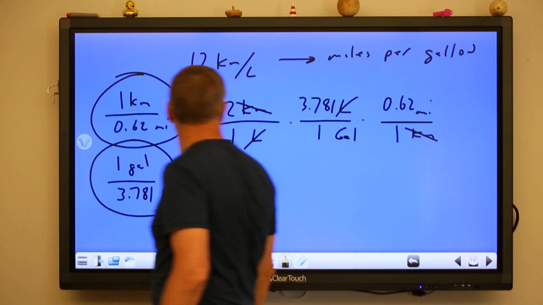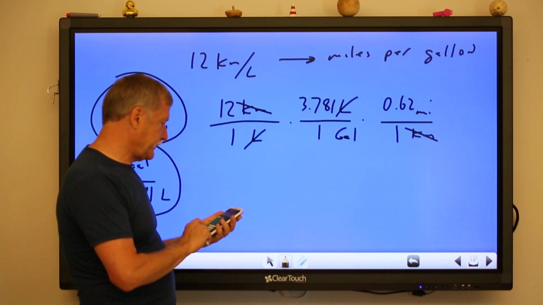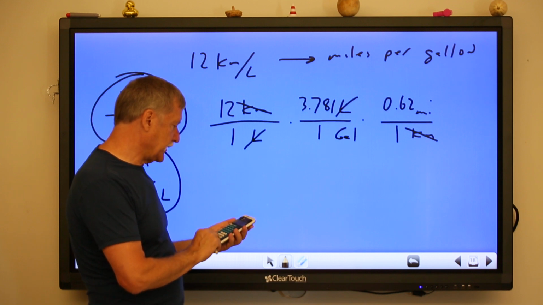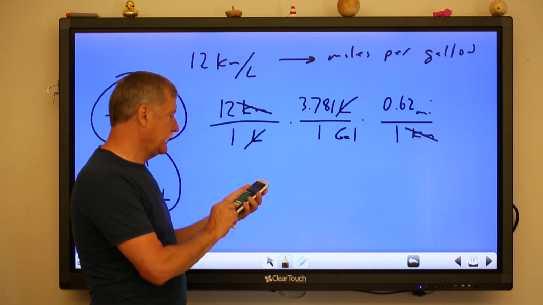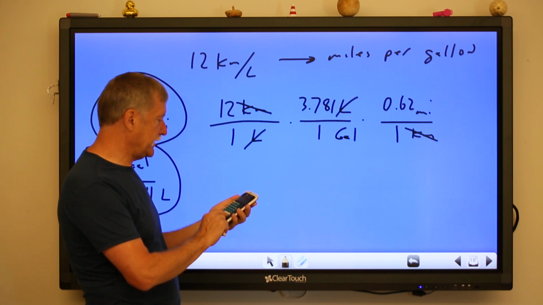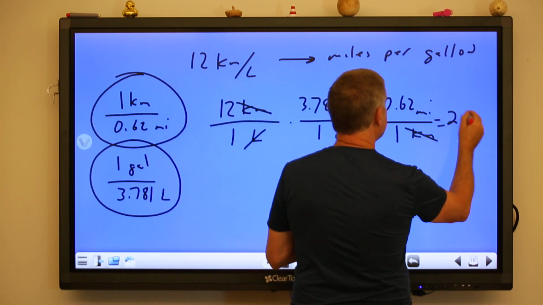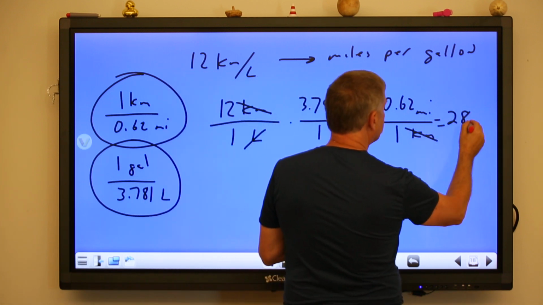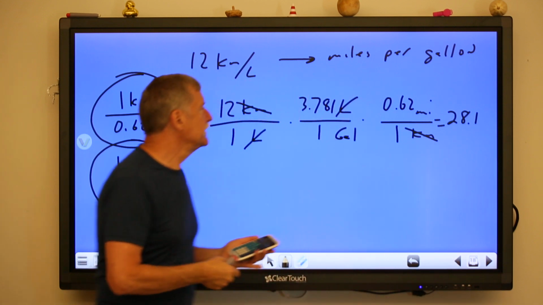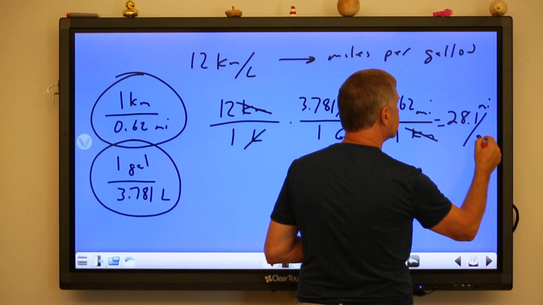So now, I've got this big multiplication problem on top, which is 12 times 3.781 times 0.62 equals 28.1, rounded to the nearest tenth, and everything on the bottom is just gallons, 28.1 miles per gallon.